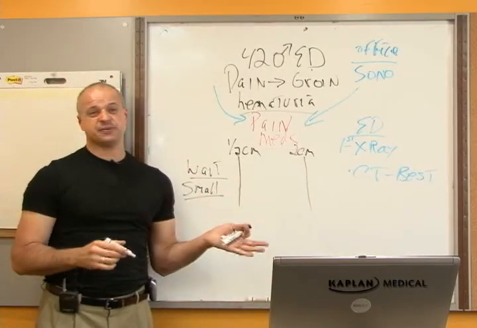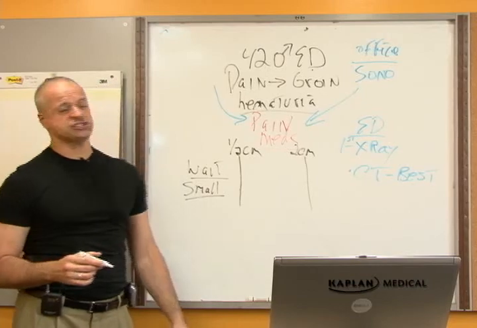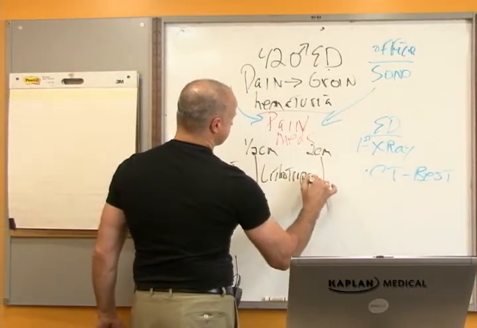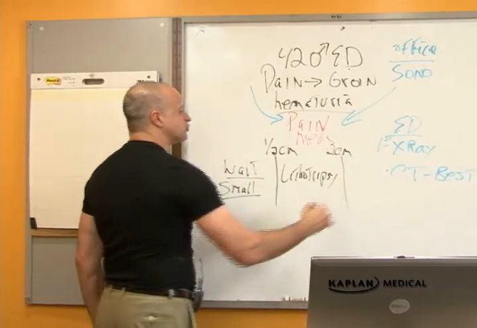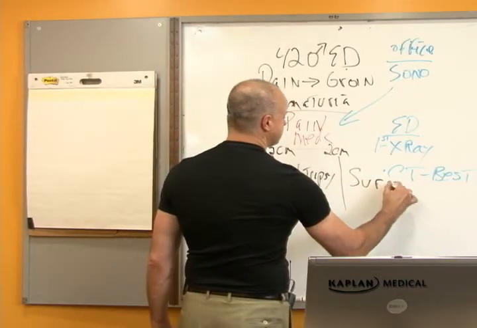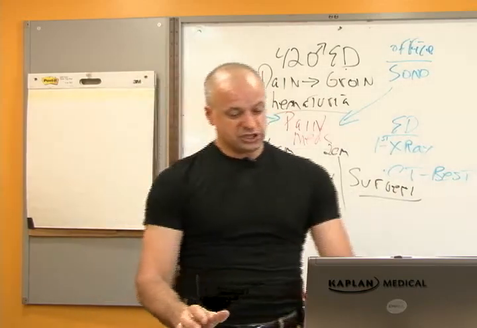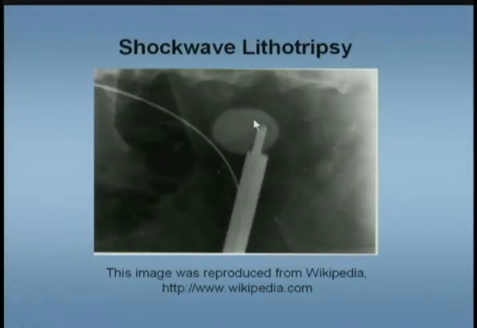As a matter of fact, anything above 4 to 5 millimeters will rarely pass. These people should get managed with lithotripsy. If it's really big, above 2 or 3 centimeters, surgical removal. Surgical removal means putting the lithotripter inside the kidney and blowing it up and irrigating it out.